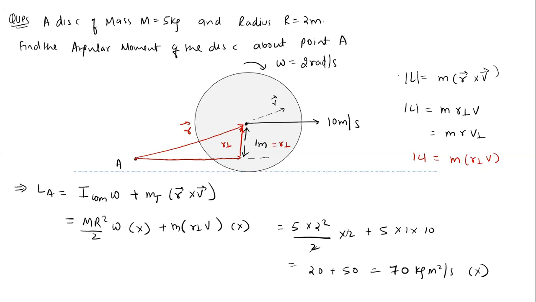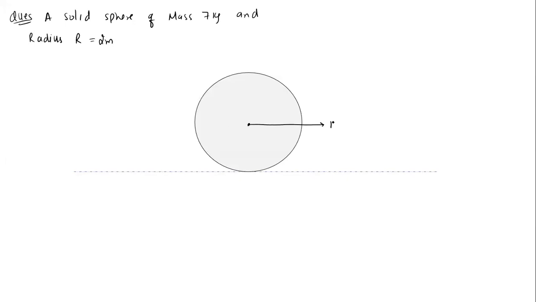Can we do one more problem based on this? The next problem is: a solid sphere of mass 7 kg and radius 2 meter is moving with a velocity of 10 meter per second and rotating with an angular velocity of 1 radian per second.